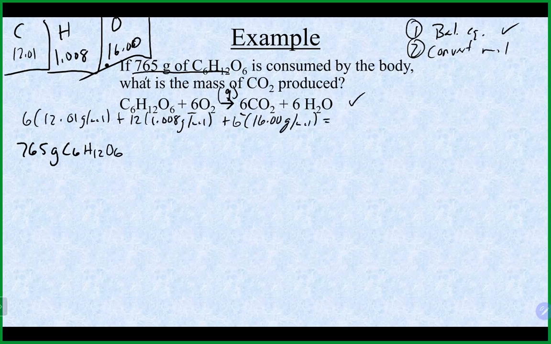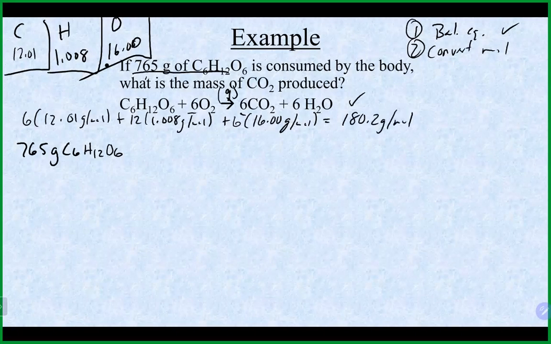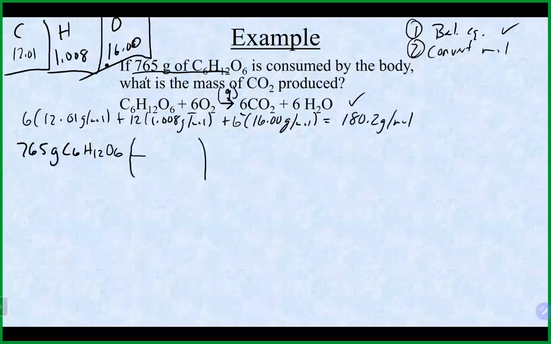That's going to give us 180.2 grams per mole. And again, you would probably round off there to 4 like we did for our molar mass. We're going to do our second step here, which is using the molar mass as a conversion factor. We're going to put the grams on the bottom so that they cancel.